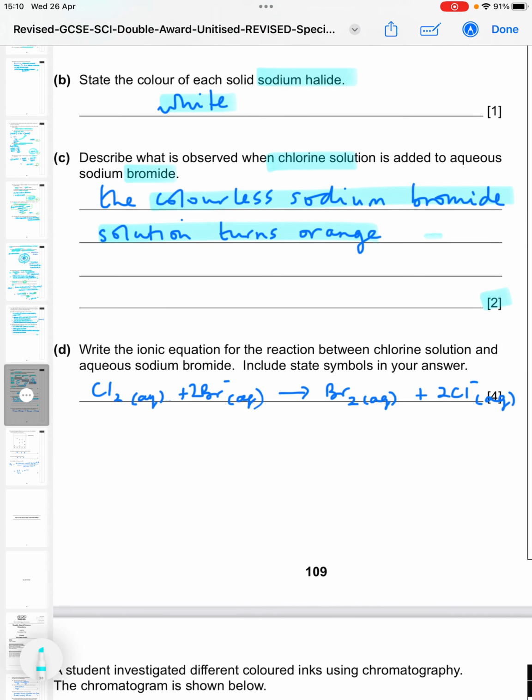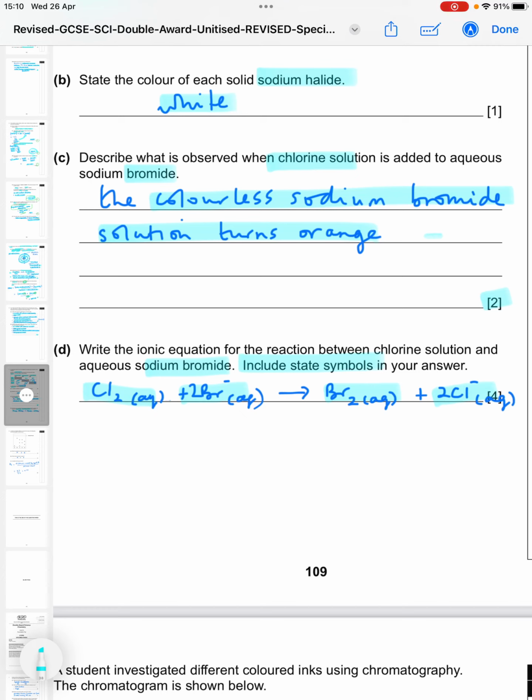Then write the ionic equation for the reaction between chlorine solution and aqueous sodium bromide and include state symbols. So chlorine solution Cl2 and Aq for in solution, and the sodium bromide then we're just interested in the bromide ion, so 2Br minus, and again Aq, gives the bromine which is Br2, and that's in solution, so it's Aq, and then the chloride ions 2Cl minus and it's Aq.